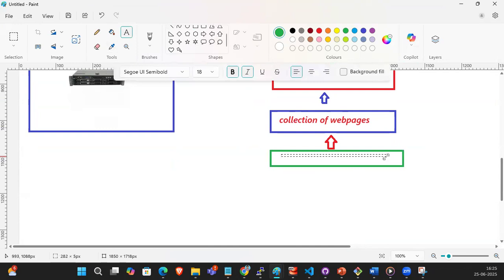So how are you developing your web page, guys? A collection of programs is nothing but a web page, right? So what is a program?